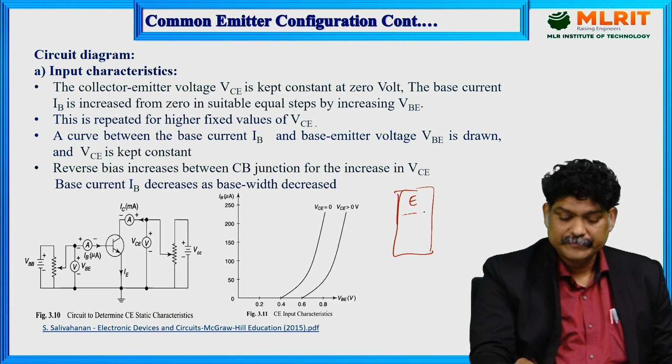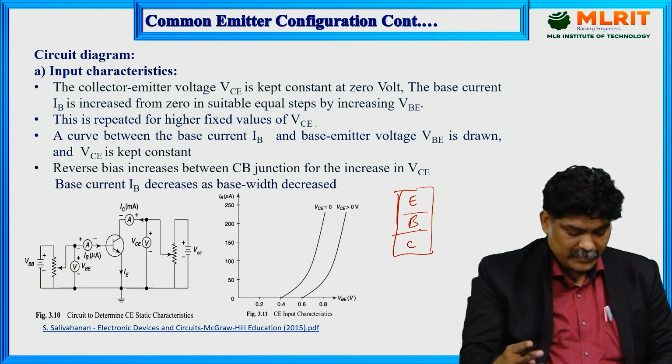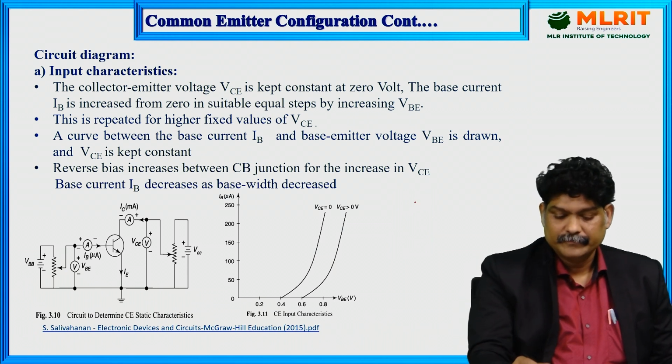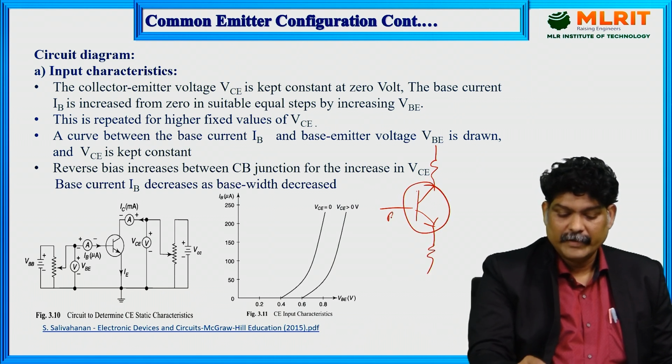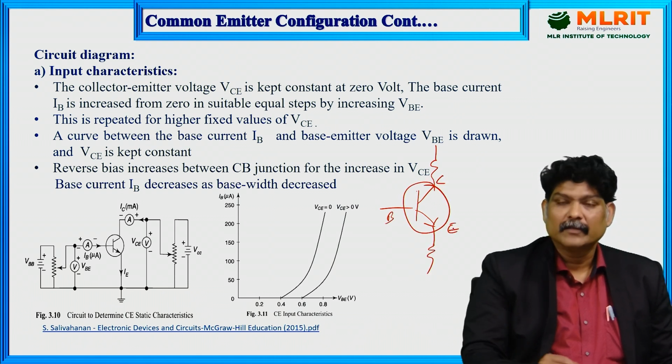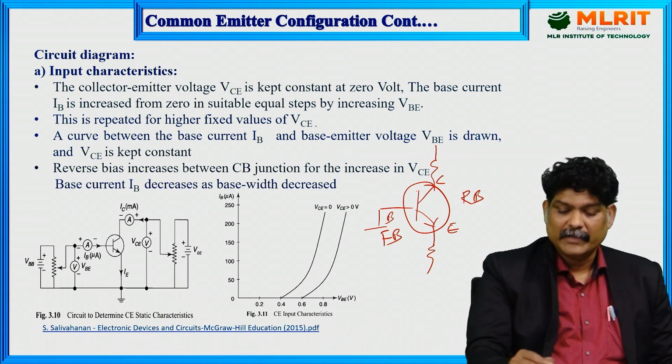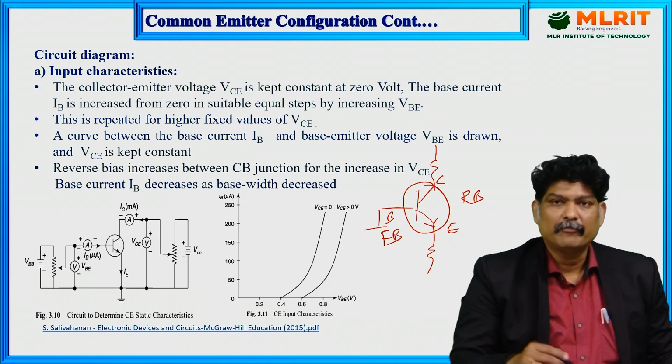In different ways we can represent this: base, collector, emitter. So for an NPN transistor, this side will be the forward bias input section and this will be the reverse bias output side. This is for amplification purpose.